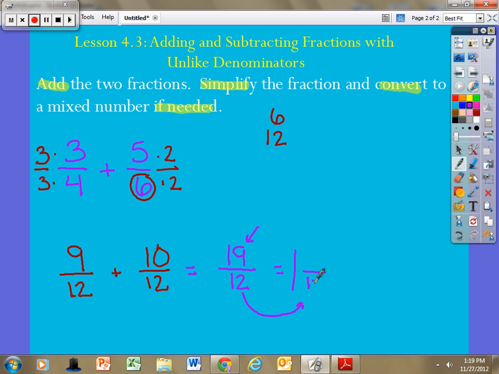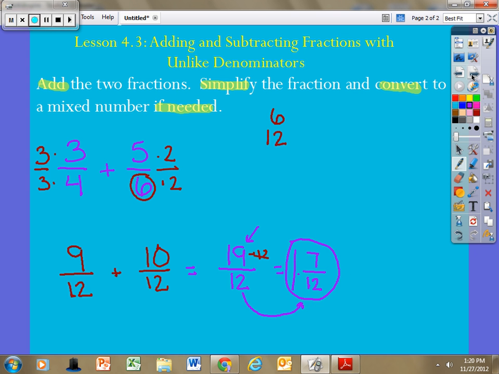It'll still say 12. And now I typically go, hey, 1 times 12 is 12, and I'll subtract that 12 from the old numerator. 19 minus 12 is 7. So my fraction is 1 and 7/12. 7/12 cannot be reduced or simplified, so there is my answer, 1 and 7/12.